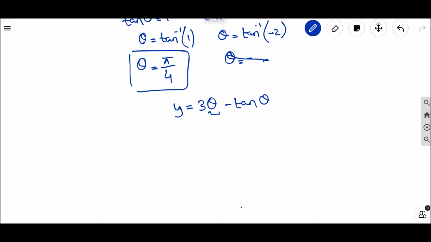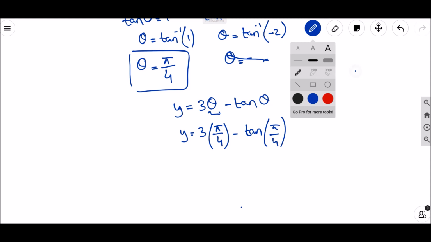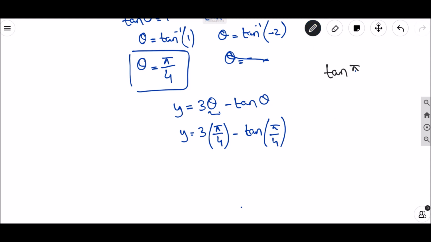Now that we have the theta value, I'm just going to substitute 3 pi over 4 minus tan pi over 4. If you input tan pi over 4, it is 1. So I'll just substitute it like this. It will be 3 pi over 4 minus 1. So this is our y value.